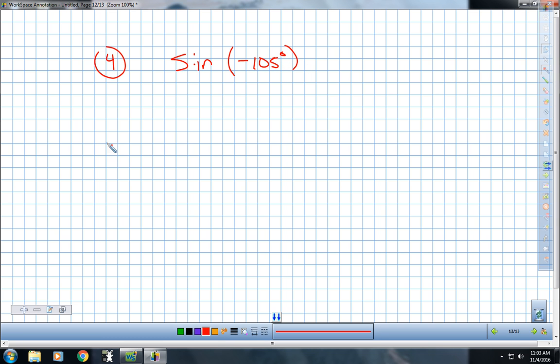Okay, so scholars, just plug in 105. Don't worry about the fact that it's negative, okay? And start adding or subtracting things to 105, adding or subtracting things that are reference angles until you get an answer that is something that is also a reference angle.